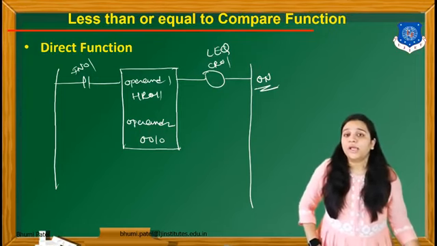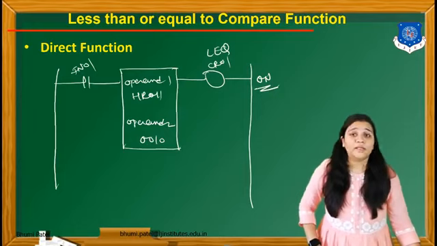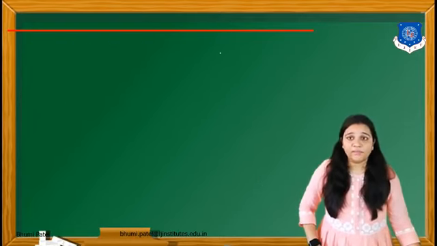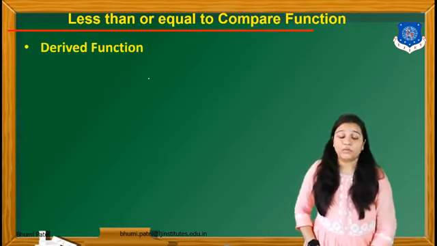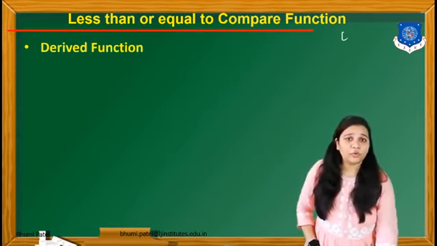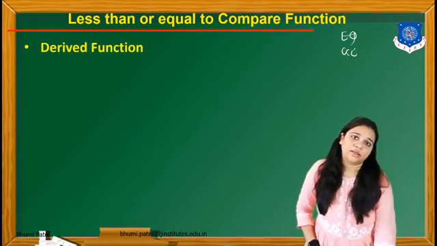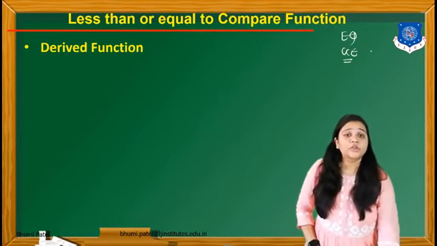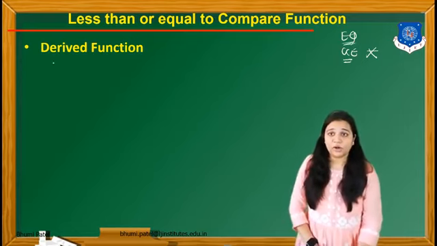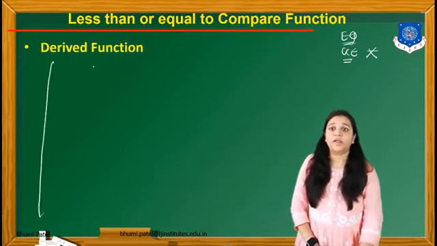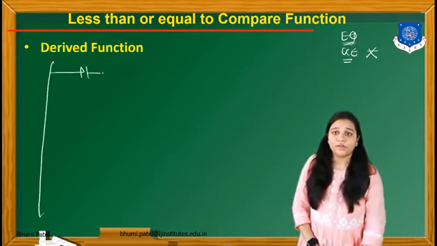So we have to derive the function for the less than or equal to compare function. What is the derived function? We have only two functions, equal to and greater than or equal to. If my number is not greater than, but equal to is compulsory, so what is the logic? First of all we have to draw the logic for the greater than or equal to number.